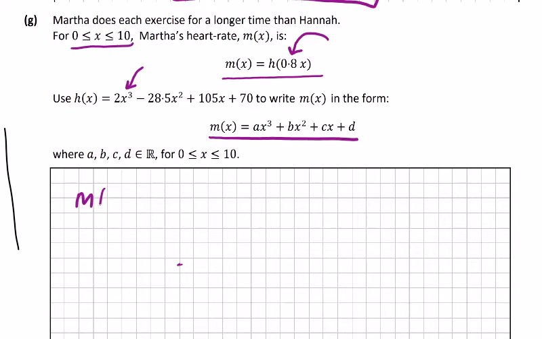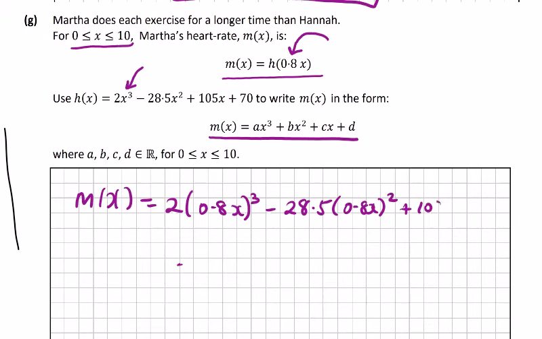So m of x is equal to 2 times (0.8x) cubed, minus 28.5 times (0.8x) squared, plus 105 times 0.8x, and then plus 70. Just a lot of calculator work here.